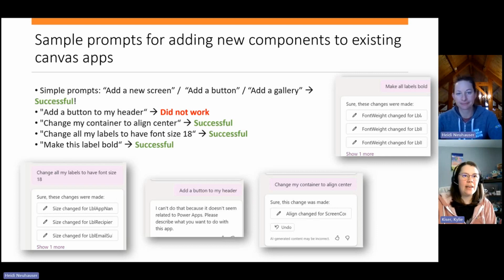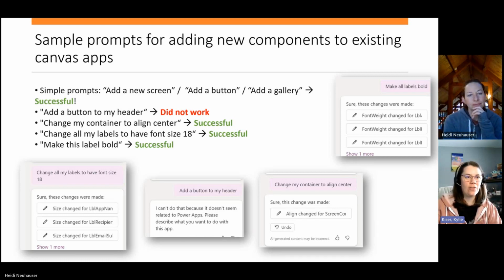So I think what we're seeing now is a lot of these things are, especially if I can do it on existing apps and do work related to a specific item, right? Like you can say, look at this label and change the font size. I think that is making it more enterprise ready, or even if I can create that app in my solution and then start using Copilot to edit it, I think that'll be really helpful.